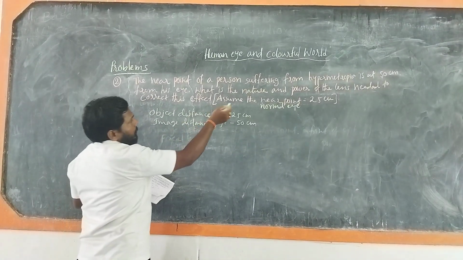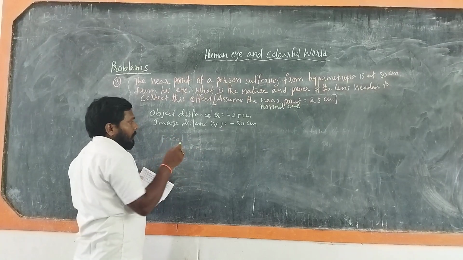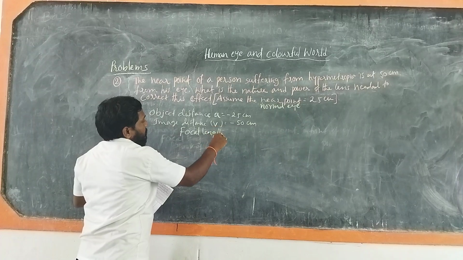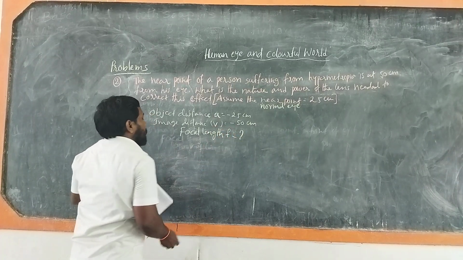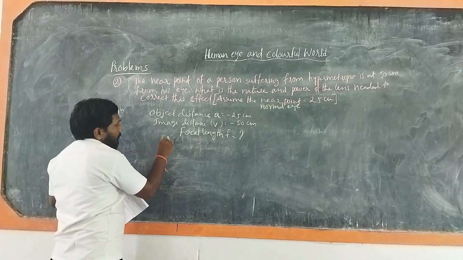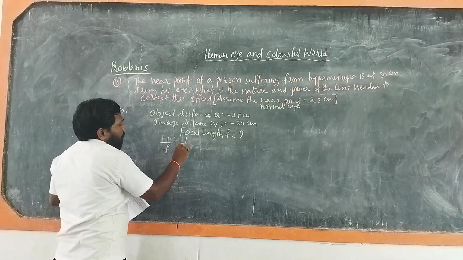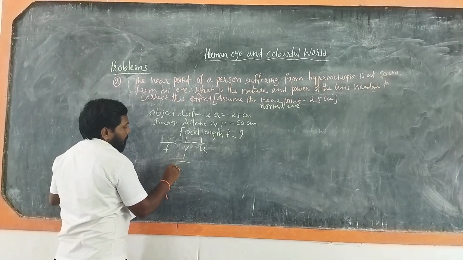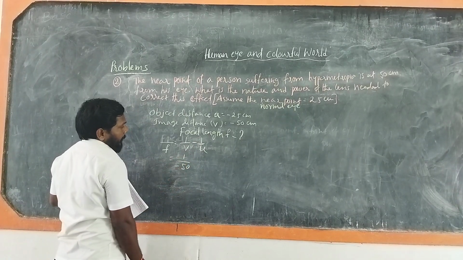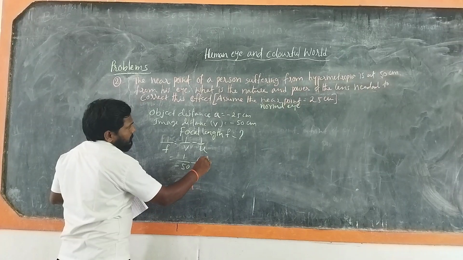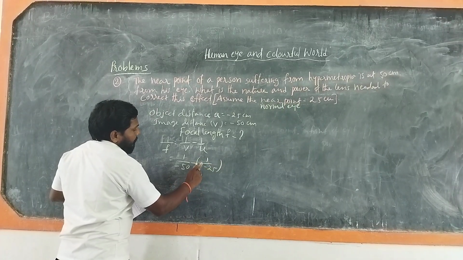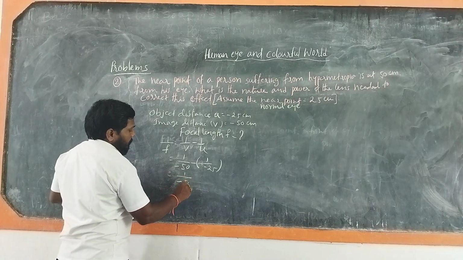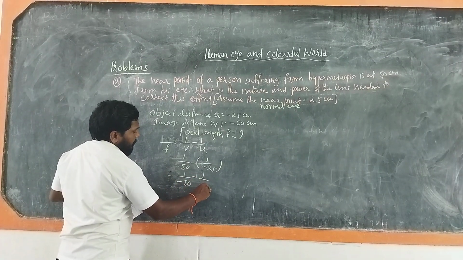To know the power, let's find out the focal length F. Calculate the focal length from the formula 1 by F is equal to 1 by V minus 1 by U. Substitute the values, please. Minus 1 by minus 50 minus of minus 1 by 25. That's equal to minus 1 by 50 plus 1 by 25.